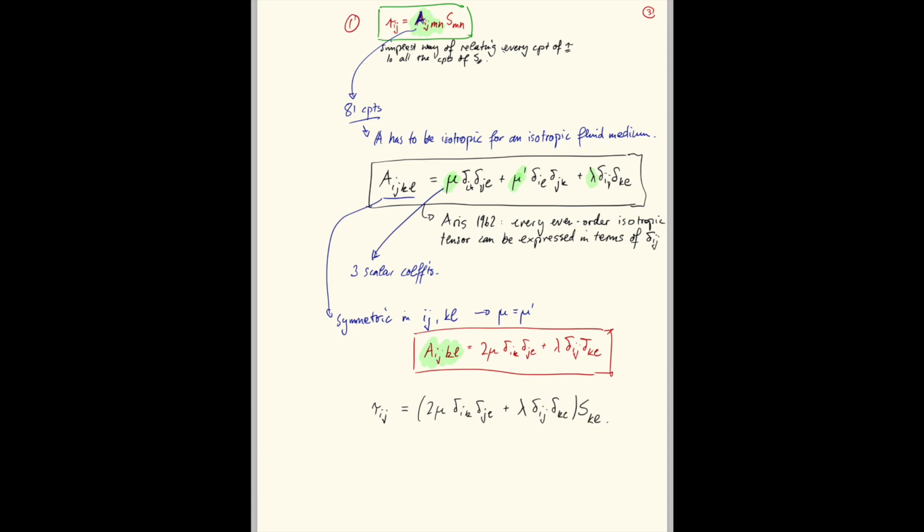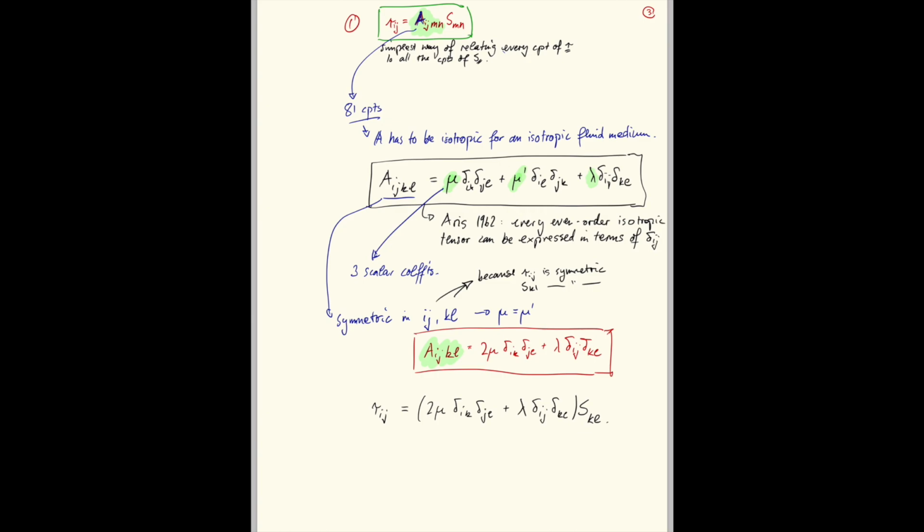And just to clarify, symmetric in ij and kl up here because tau ij is symmetric, and so is skl, or smn, as we have written it up in equation 1.